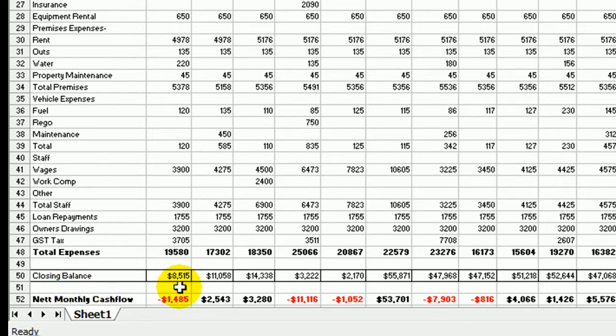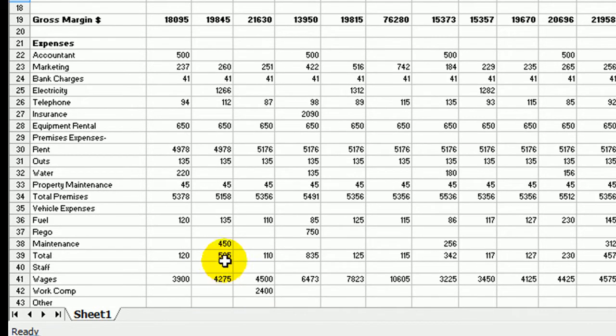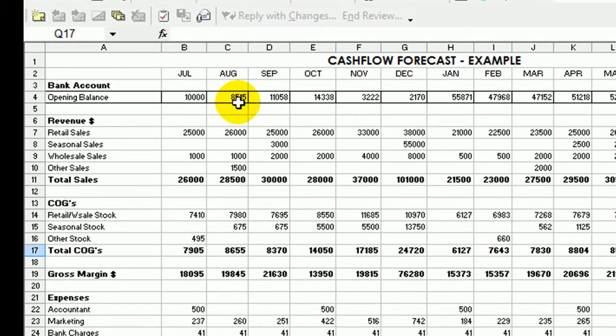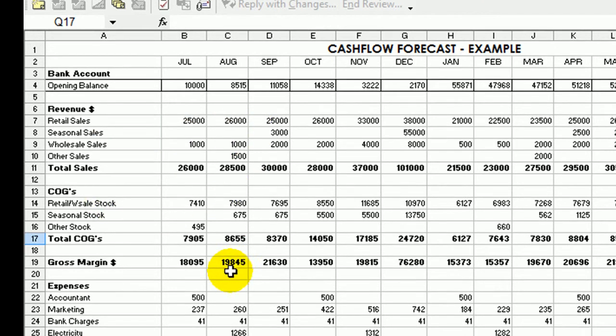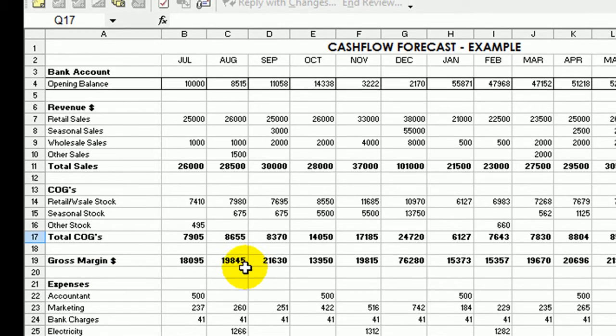So we can see it closes at 8,515, which means that when we go to the next month in August, our bank account is going to open with 8,515, and then we're going to continue in the same way, again with the revenue, cost of goods, the difference between them giving us our gross margin.